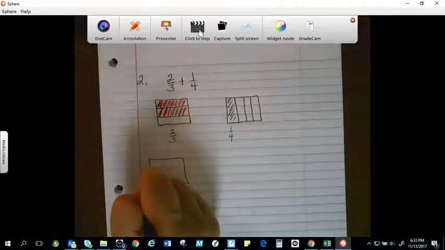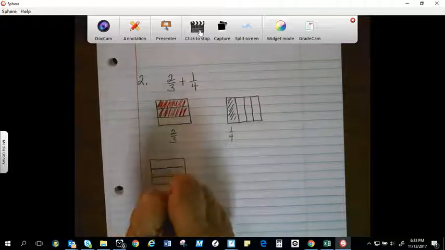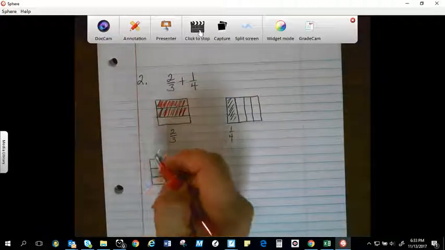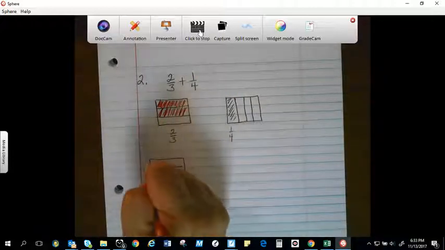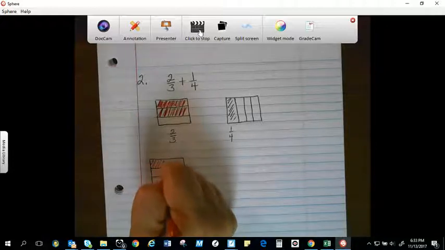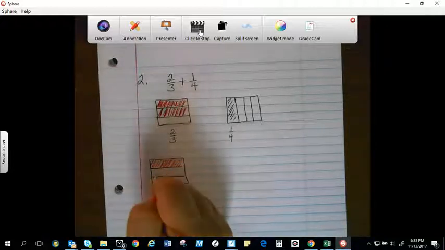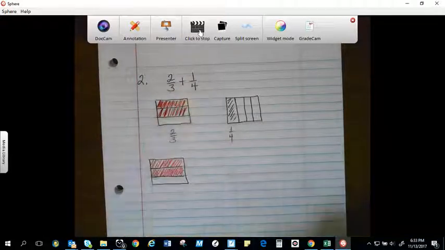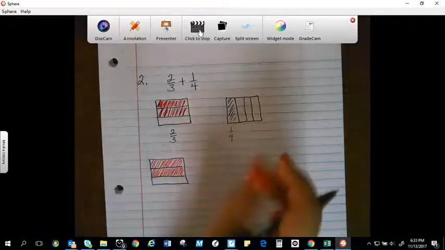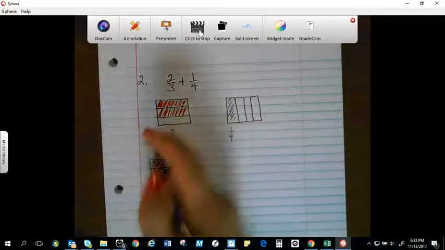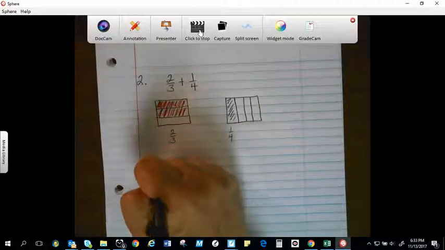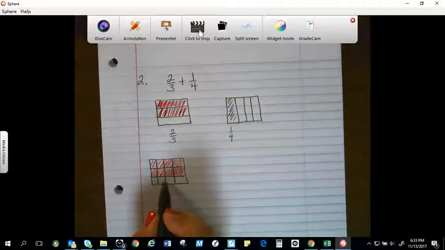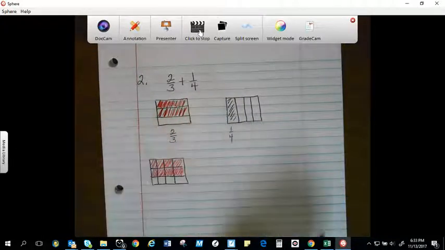Alright, so now I'm going to draw my lines here. And I need it to represent 2/3. So here's going to be my 2/3. One. That's my 2/3. And now I'm going to transfer my 4ths over here, drawing 1 line, 2 lines, 3. And now I have 1, 2, 3, 4 equal parts on top of my 2/3.